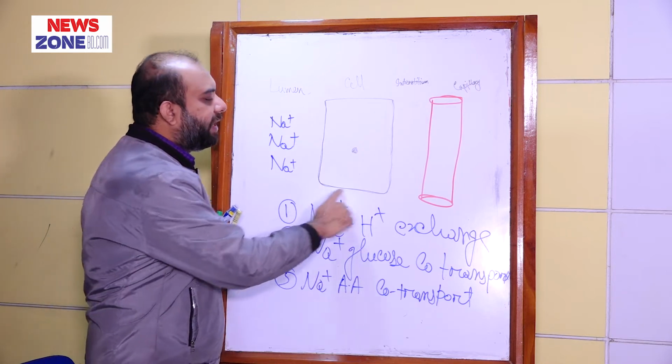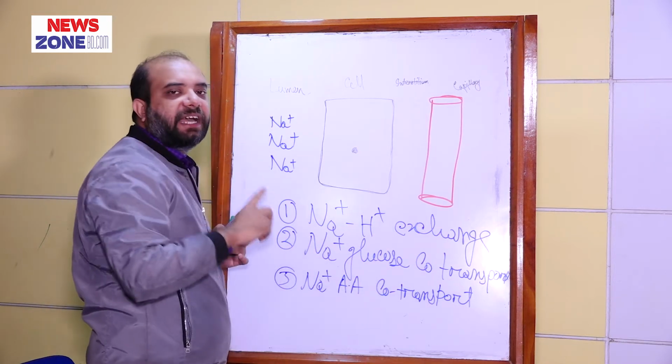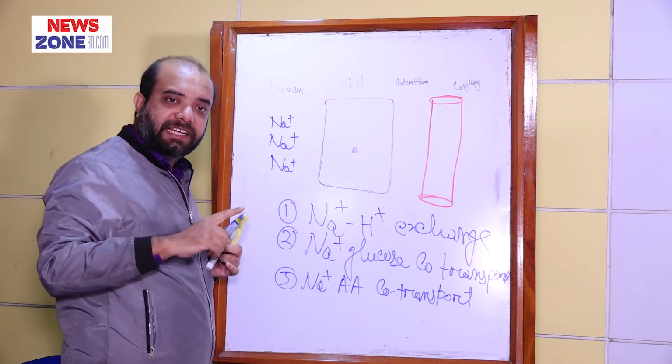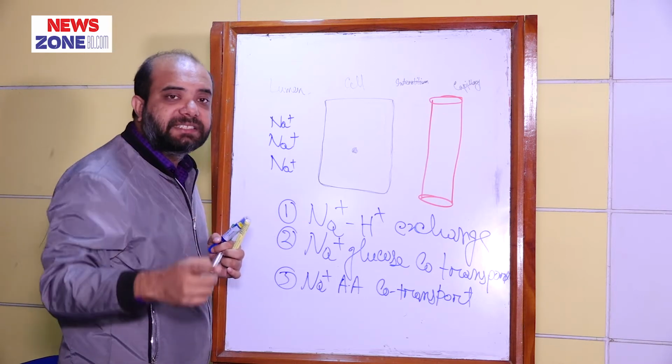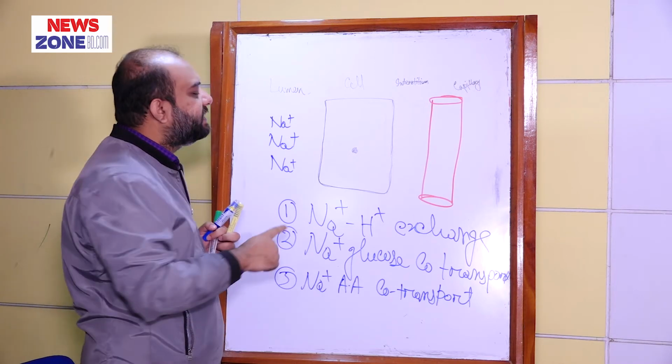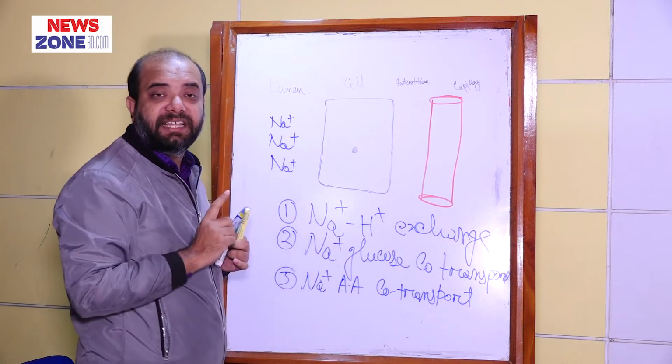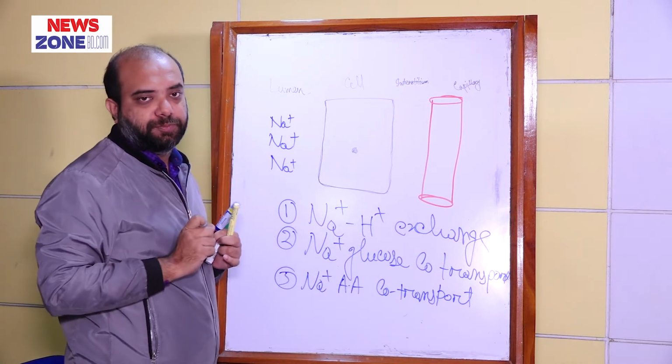So, sodium hydrogen exchange is a type of secondary active transport, and its real identity is counter transport.